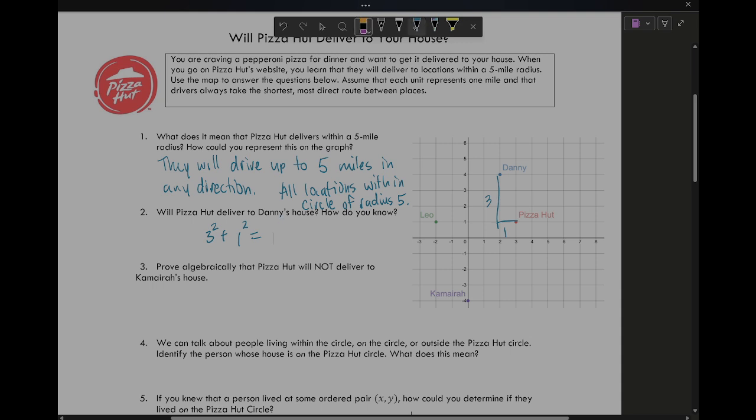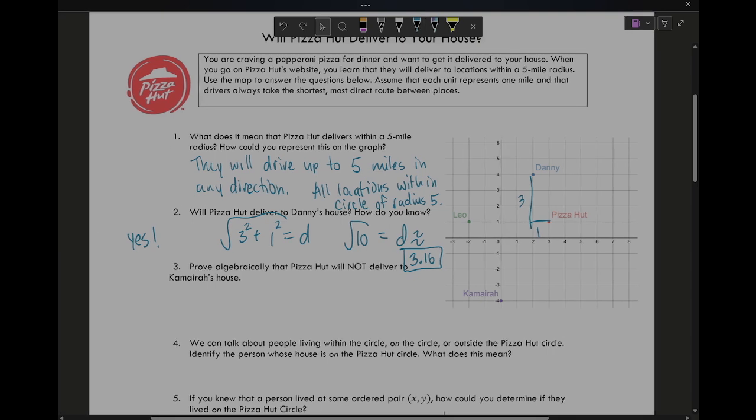So d is the square root of this. 9 plus 1 is 10. The square root of 10 is definitely less than 5. So yes. I think the square root of 10 is approximately, I did this ahead of time, 3.16. So yes, that would be delivered.